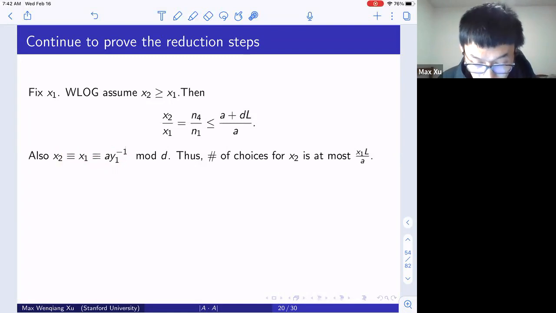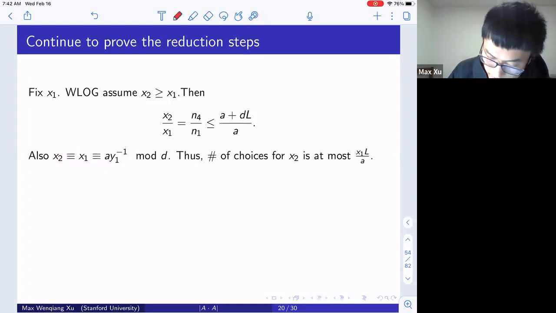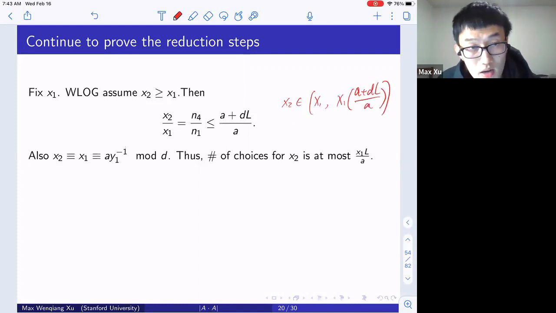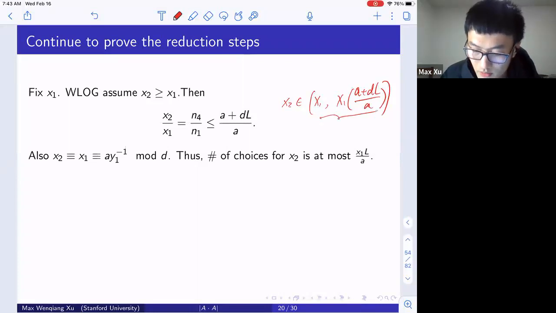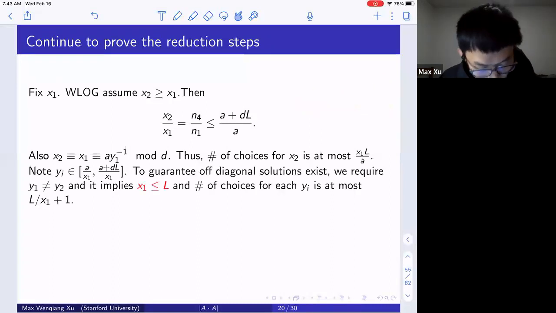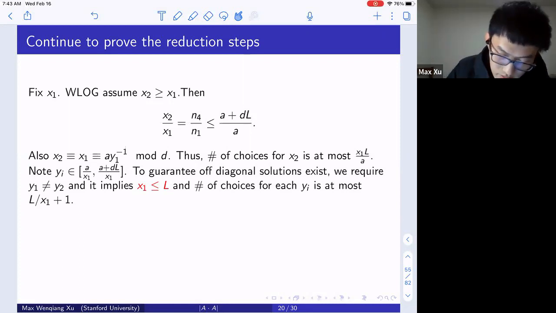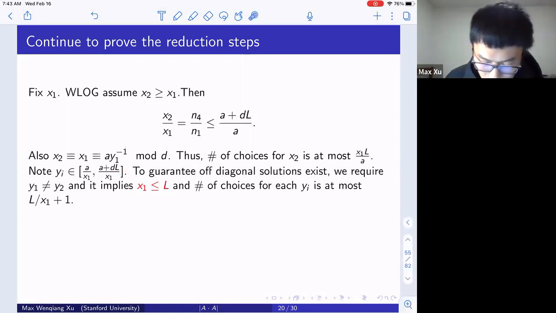So X2 is in the interval X1 times 1 to A plus DL over A. But because they are congruent mod D, you should divide by D, roughly the number of elements in this interval. That gives you roughly X1 L over A. Then each Yi is in the interval A over X1 to A plus DL over X1.